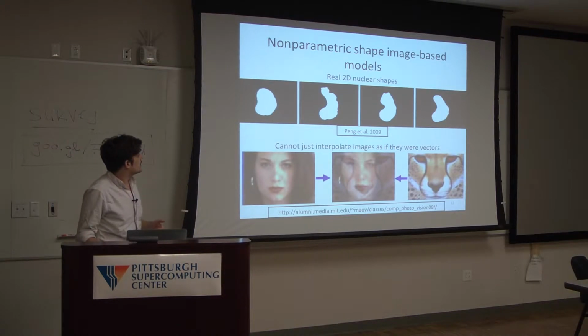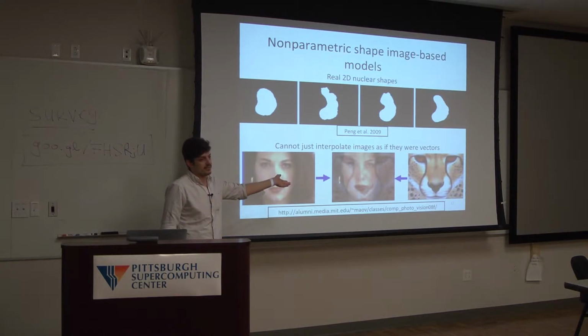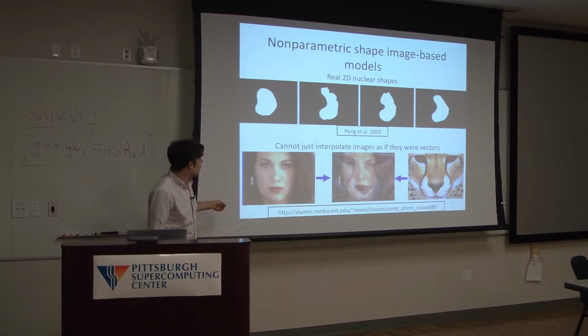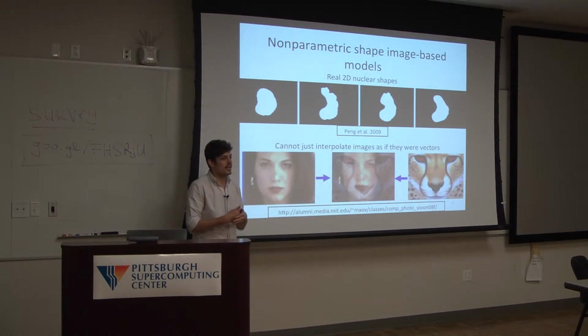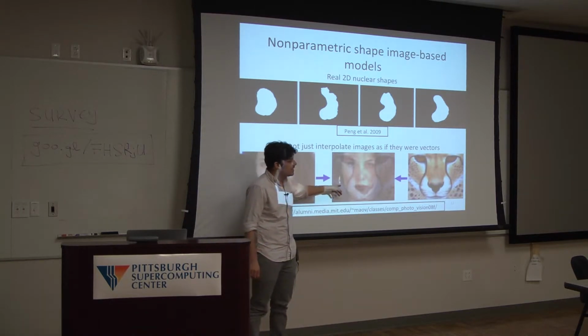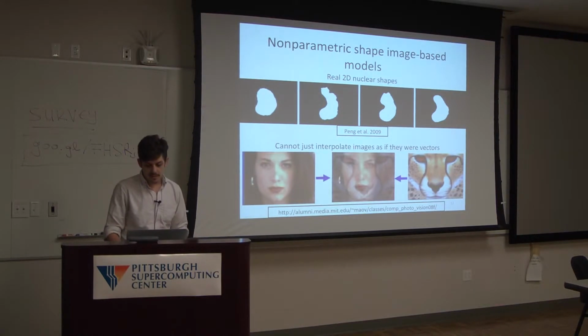And this, like what Bob said earlier, this method was later developed to study nuclear morphometry. And we can't just interpolate these images as if they were vectors. So if we have an image of 2 faces, and we smoothly transition from one image to another, you may get an intermediate that is somewhat nonsensical in your context.